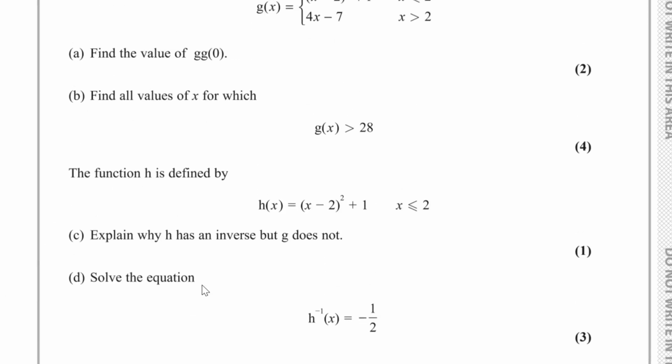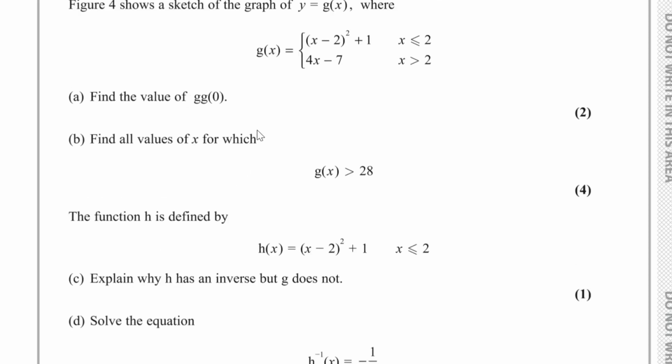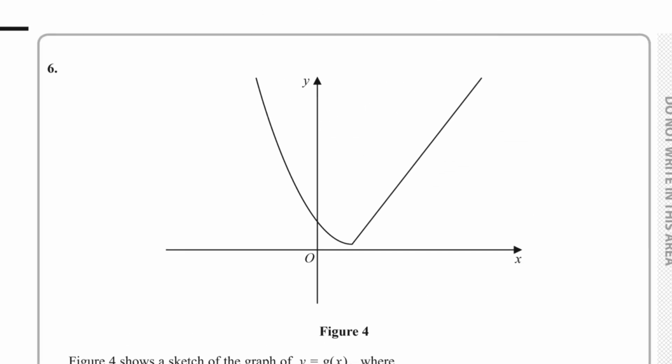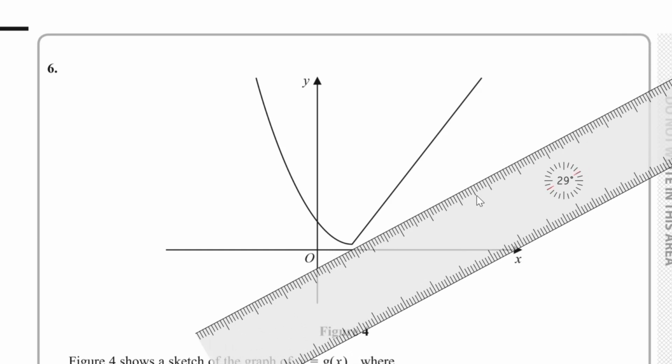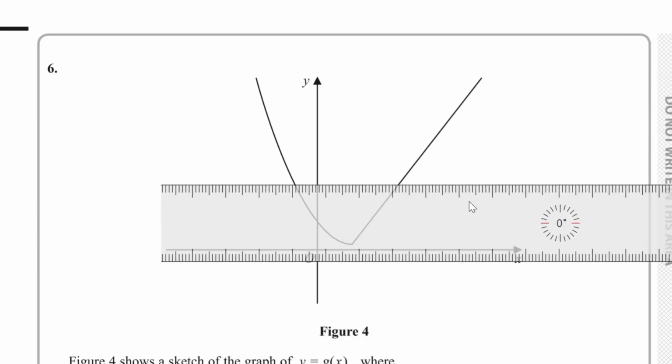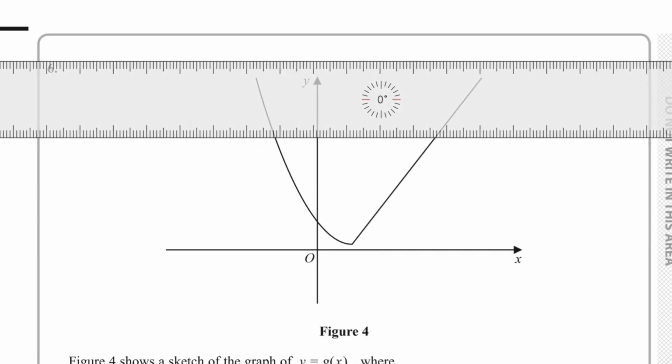Now for part B, we have to find all values of x for which g of x is greater than 28. First of all, the 28 is somewhere over here. We'll draw it in green.